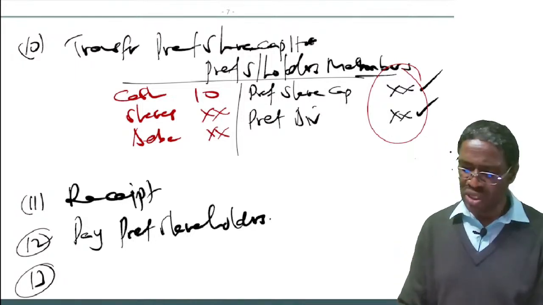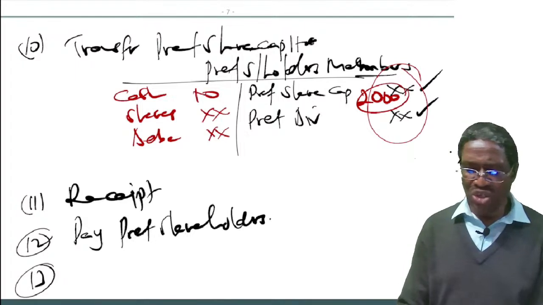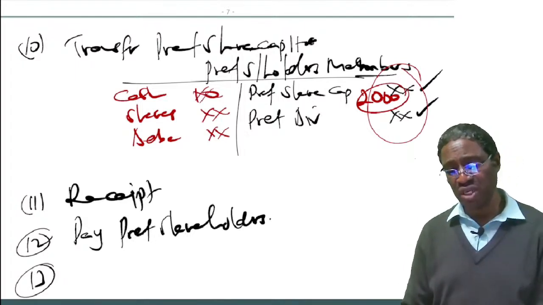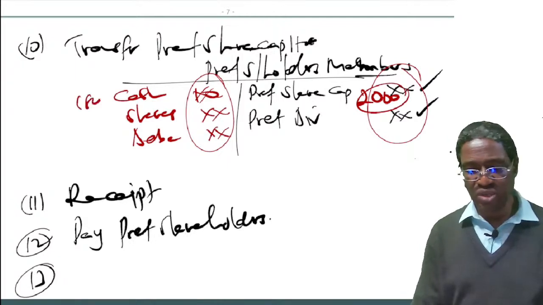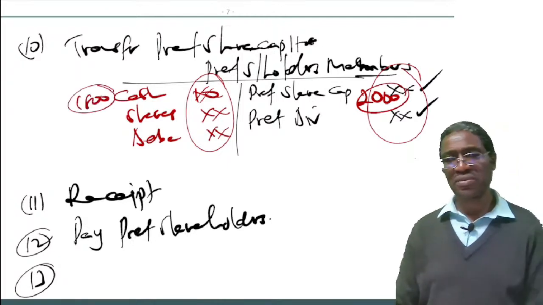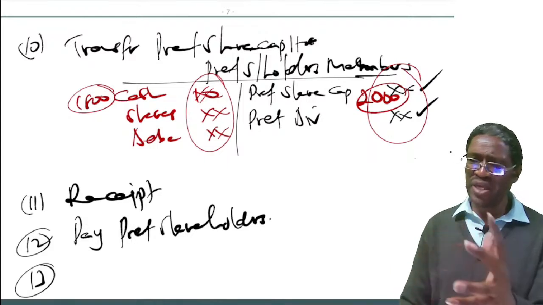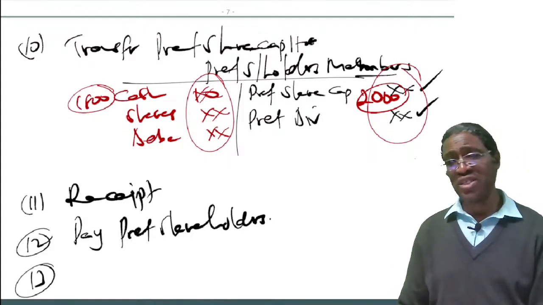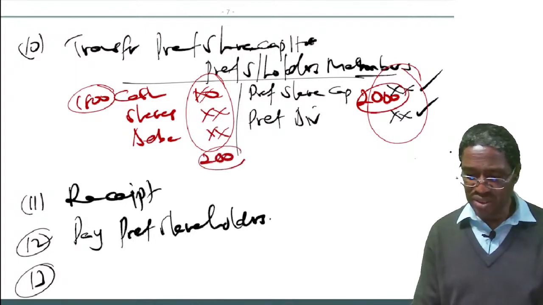Let me assume it amounts to 2 million. I'm assuming. When you add what you have given to them on the debit, when you add all of that, let me assume it comes to 1,800. So I owe them 2 million, but I'm paying them 1.8 million. There is a difference of how much? 200. On which side? Debit.